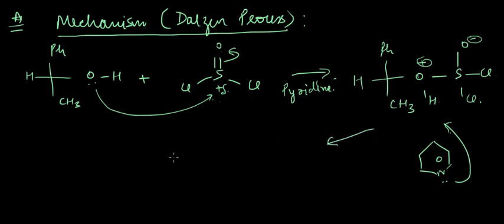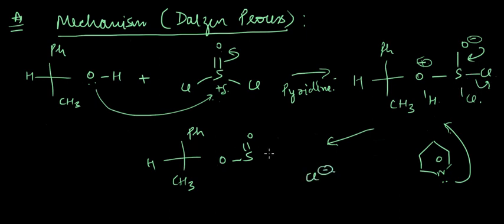So now we will have something like this, in which I have Ph here, H, CH3, O, SO, and this O minus will again form a bond with sulfur, and chlorine will be detached, and we'll have something like this. This N atom would have gotten a positive charge because of attracting H plus.